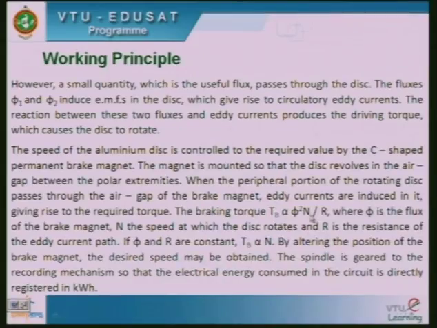Observe this: the braking torque produced is directly proportional to N. Since the flux and R are both constant, TB is directly proportional to N. By altering the position of the brake magnet, the desired speed may be obtained.